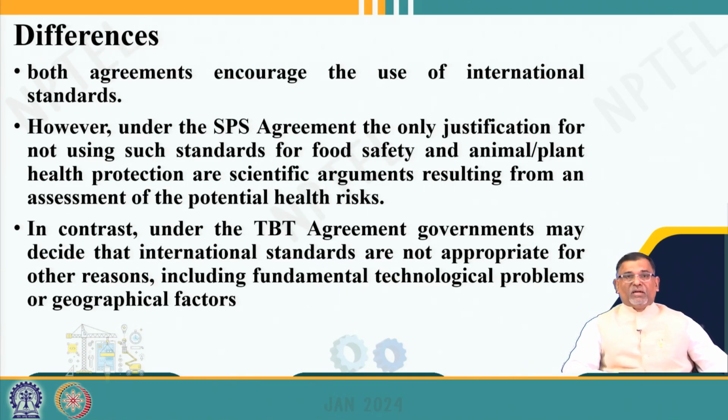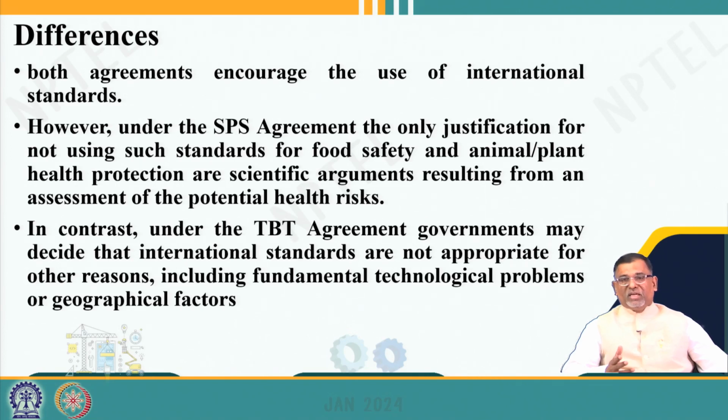So, here both SPS and TBT agreements encourage the use of international standards, but under the SPS agreement scientific justification is required, and a thorough risk assessment is to be made. Under the TBT agreement, the governments decide on the international standards.